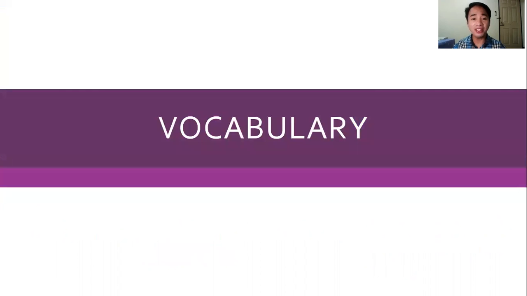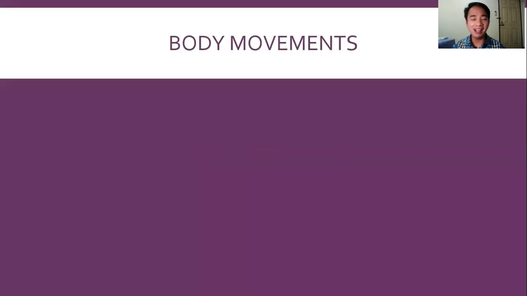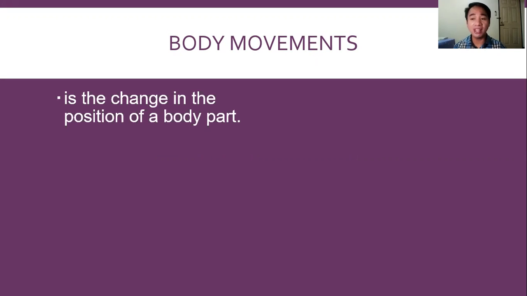First word. What is the meaning of body movements? Body movements is the change in the position of a body part. All living things are moving, especially human beings and animals.